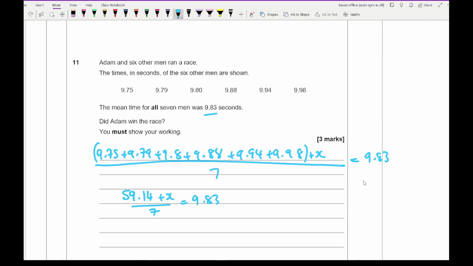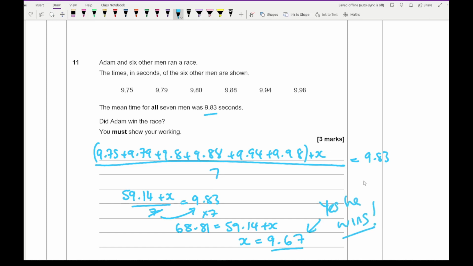So from this, if I then just solve it, I multiply by 7, I'm going to get 68.81 equals 59.14 plus x. Then take away the 59.14 and x gives me 9.67. So where does this time compare to all the others? Well, it's the fastest. So yes, he wins.